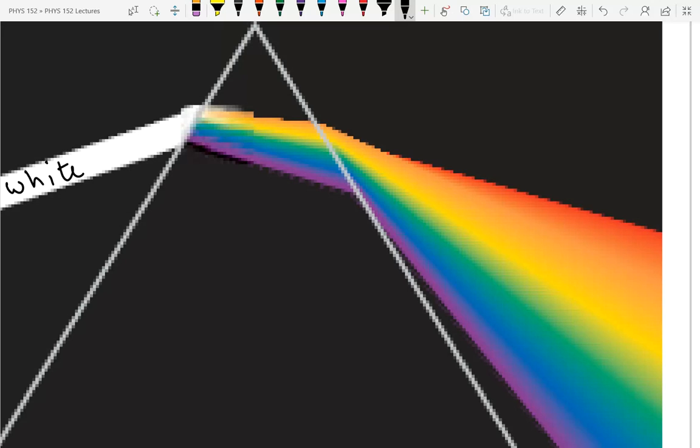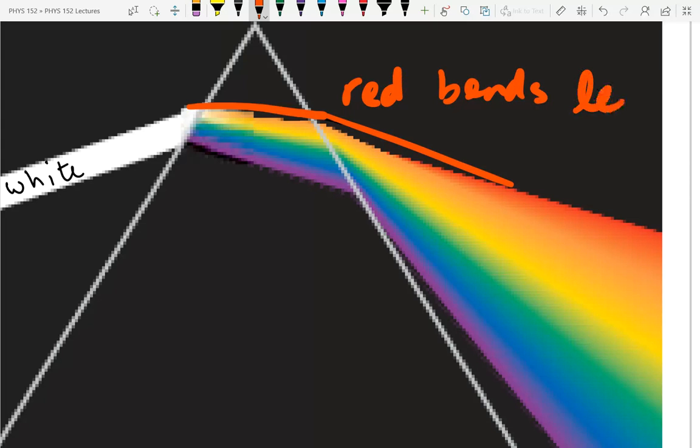When you put it into the prism, the red light bends the least. So that means the red light bends the least, therefore is the fastest, because it's the smallest difference from the speed of light in vacuum.